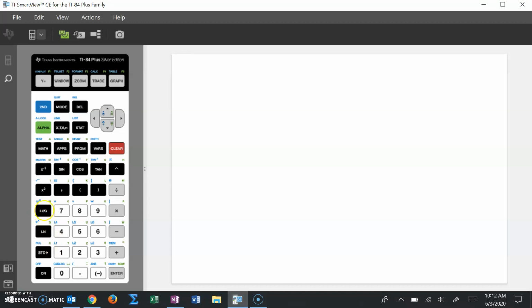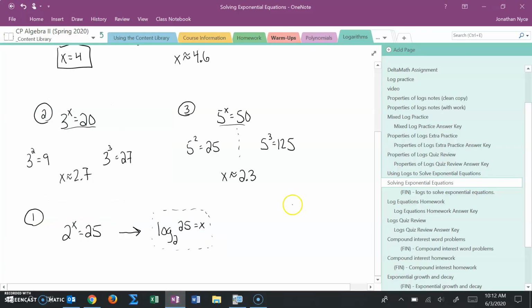We have a log button and an ln button. So remember, a log button is log base 10. The ln button, you'll look at that in pre-calc, but that's where you have log base e.